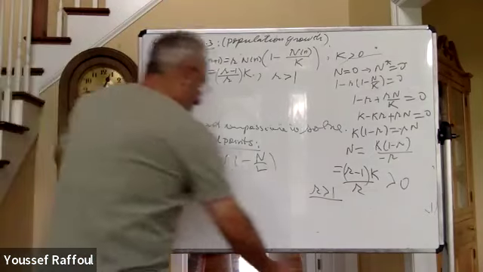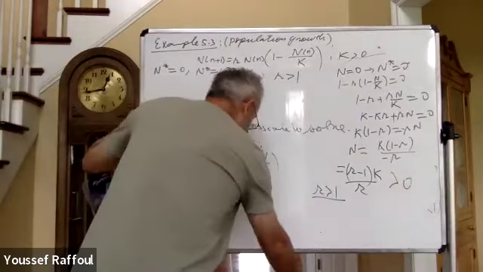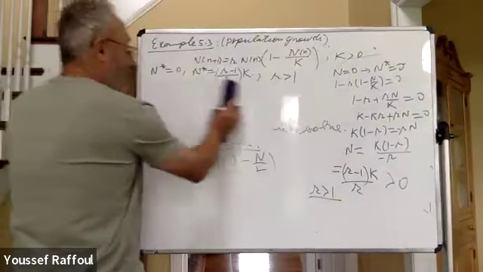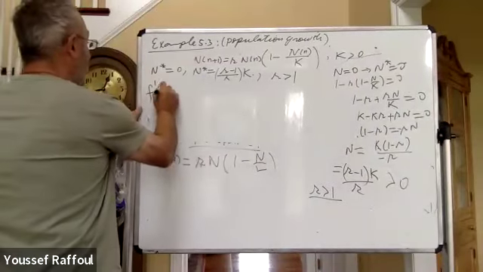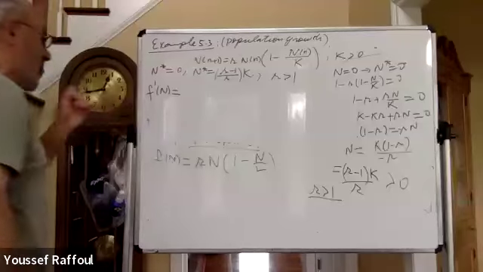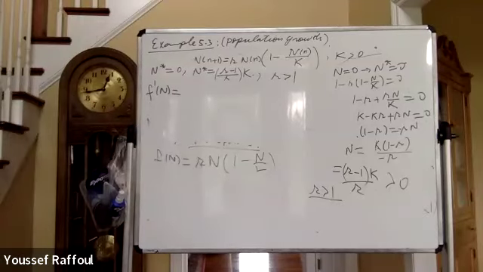Okay, now this is f of n. So what is the derivative of that? We need to look at f prime of n to apply our theorem.